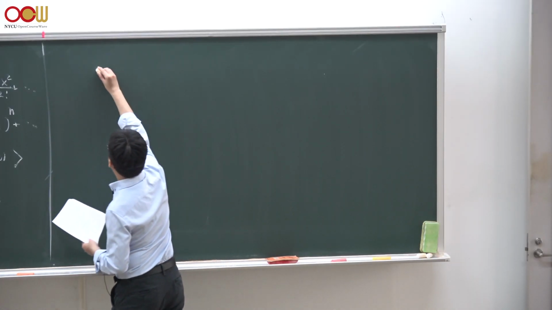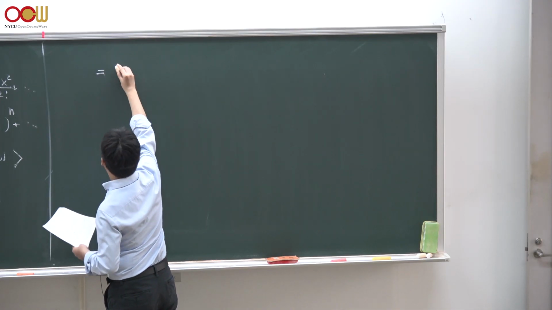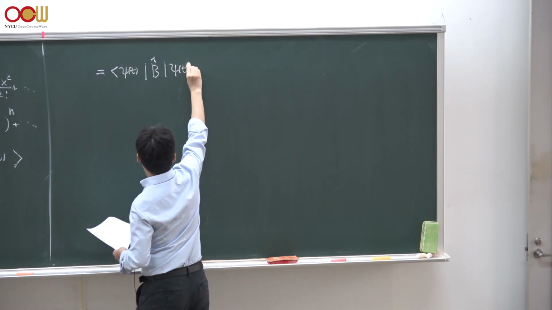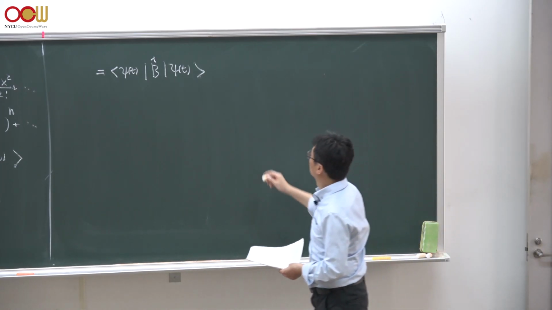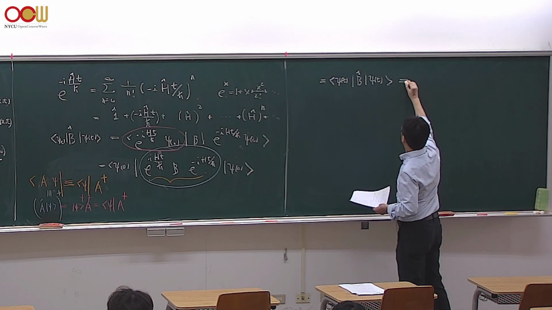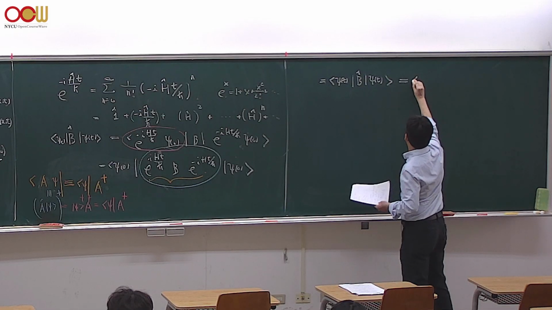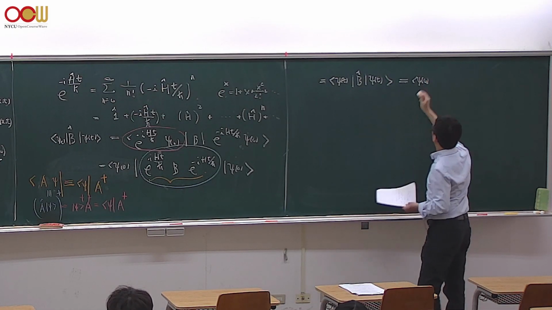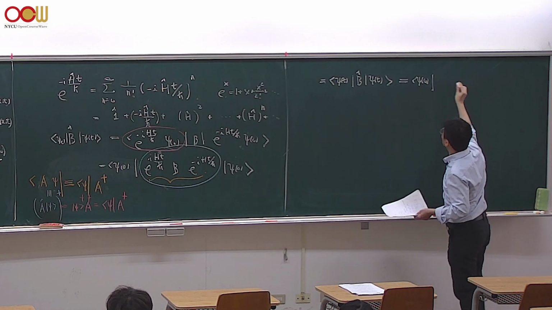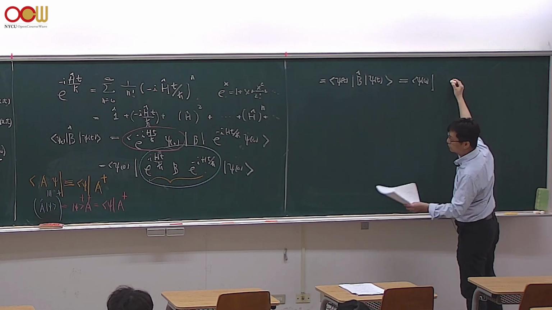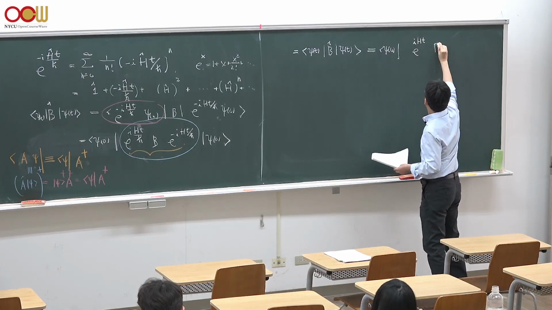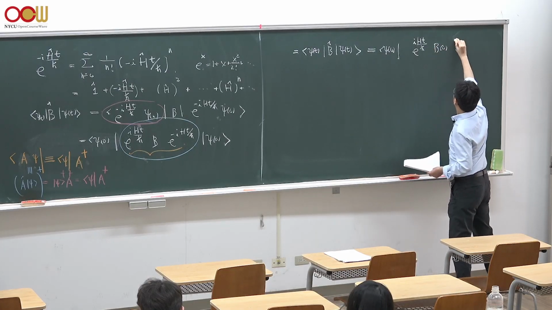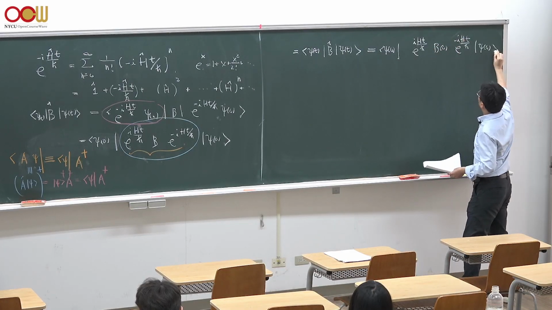So we could rewrite this expectation value of a B operator sandwiched by these time-evolved Dirac states, but we don't time-evolve the Dirac state. Instead, we could time-evolve the operator. So this is what this equation tells us, that instead we can consider a time evolution of an operator.